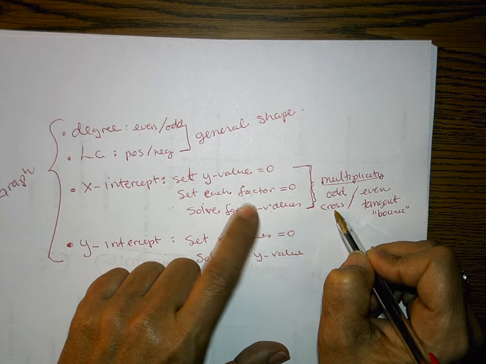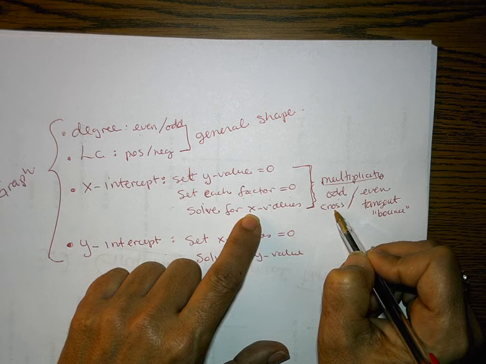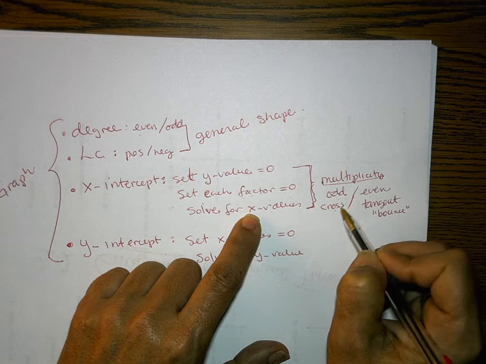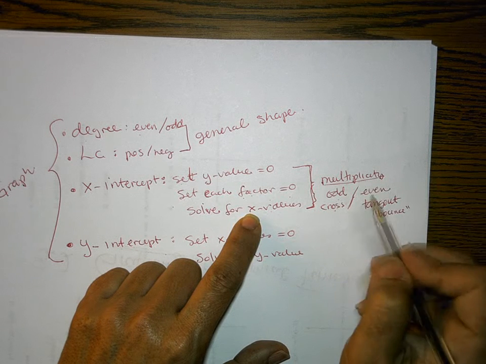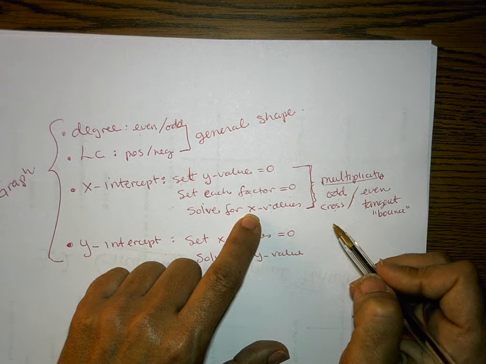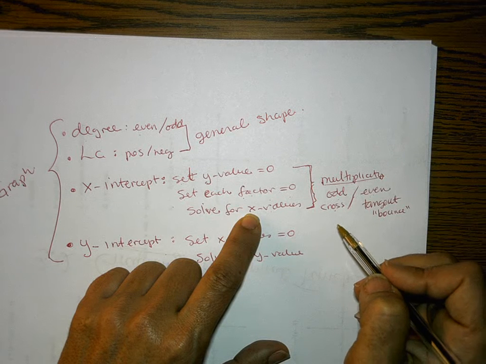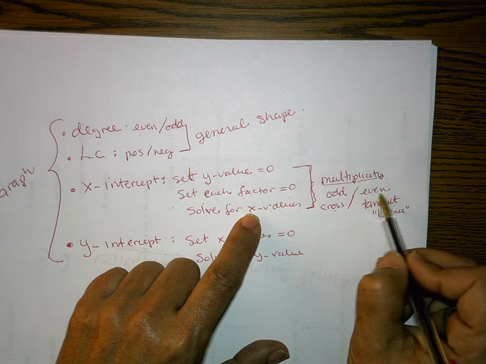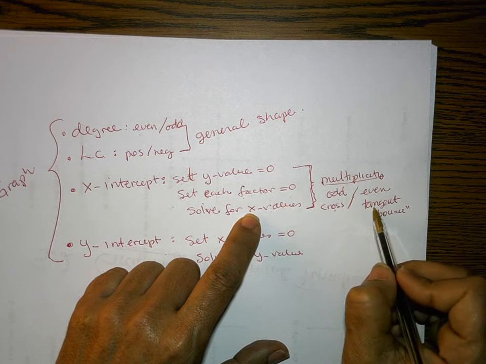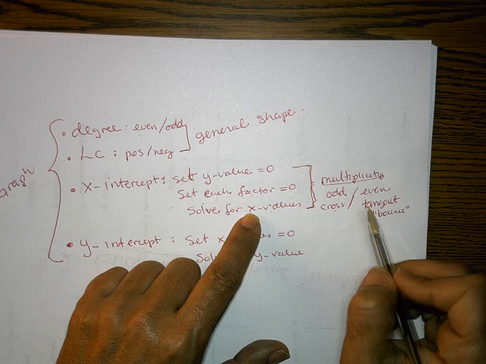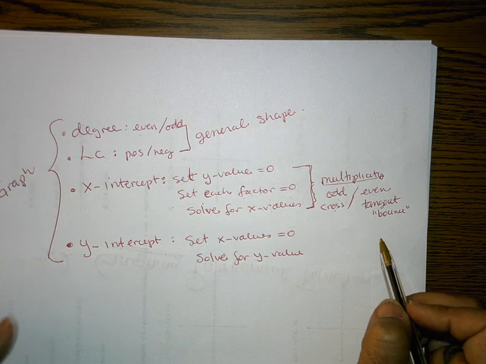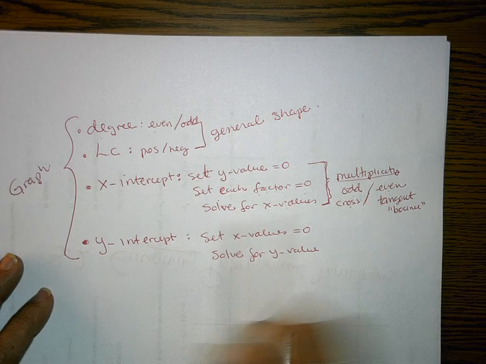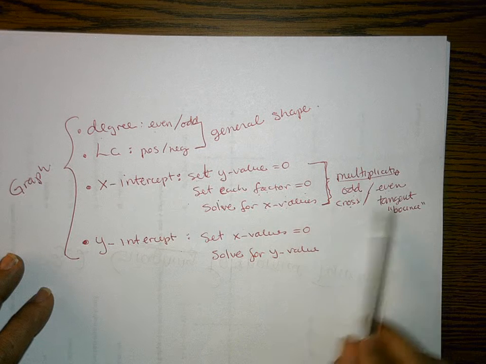But if you get the x value answer more than once, twice, then there's no way you can cross it and cross it over again. That would just be a bounce off of it, or a tangent to it. So if it is a multiplicity of 2, which is an even value, there's no way you can cross it twice. We can just call it tangent. You touch it and you move on. Don't cross it. So that's how you get all the information for the x-intercept.